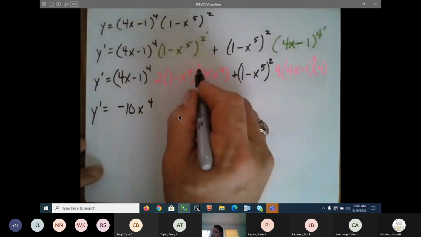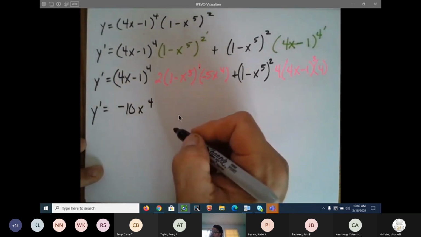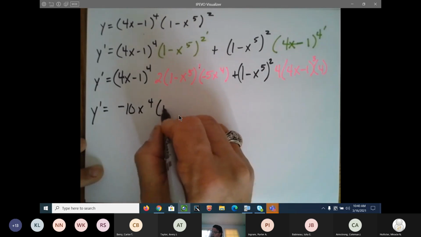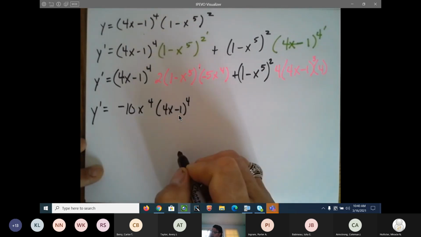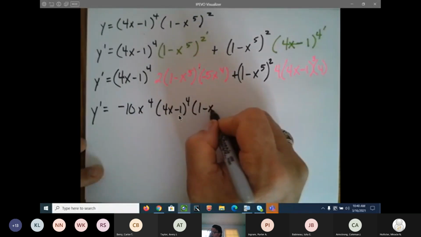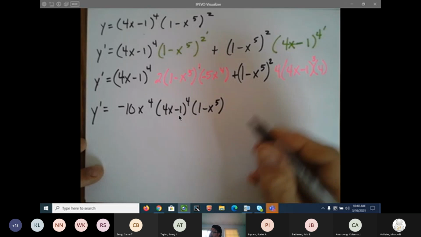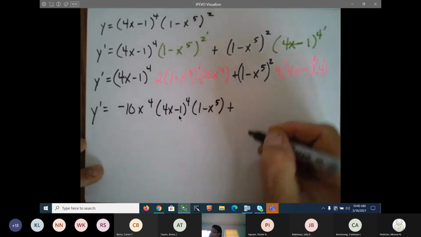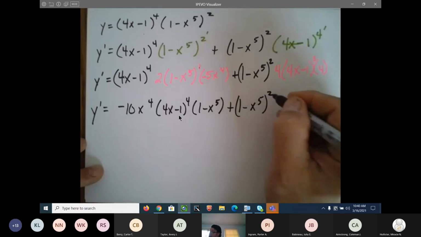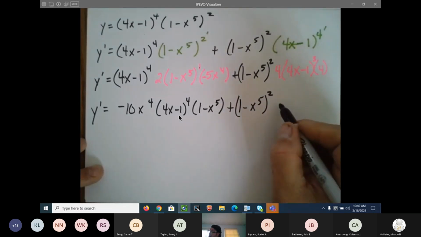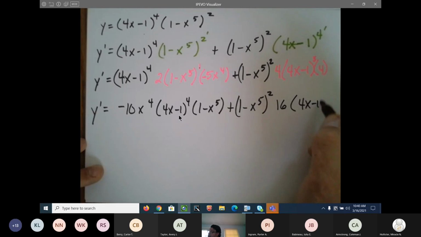So y prime is equal to negative 10x to the 4th. And what's 4 plus 1? No, that's not the same. Sorry. That's going to be 4x minus 1 to the 4th and 1 minus x to the 5th, plus 1 minus x to the 5th squared times 16 times 4x minus 1 to the 3rd.